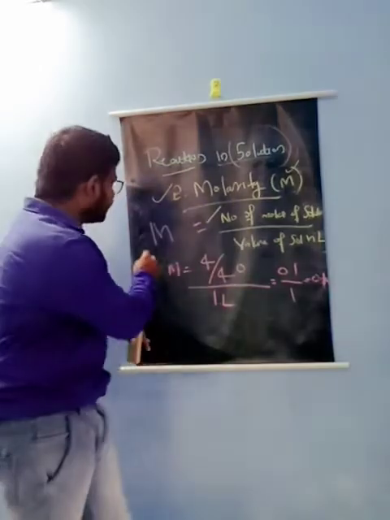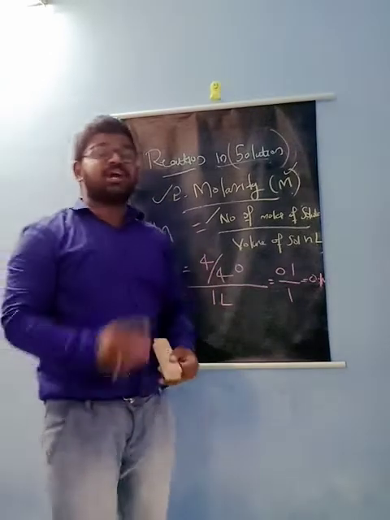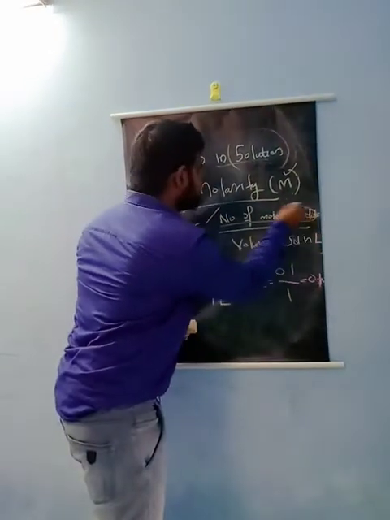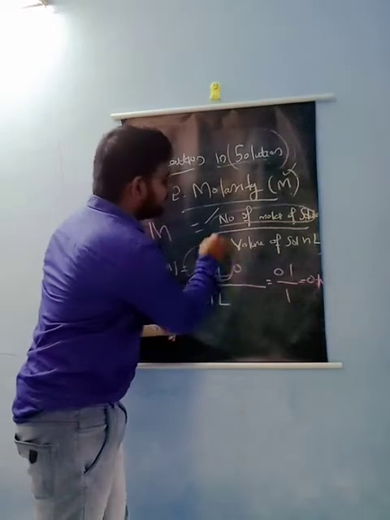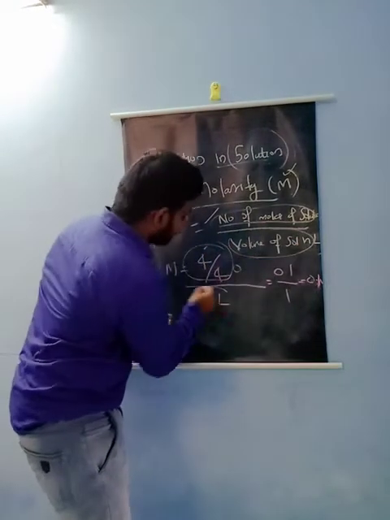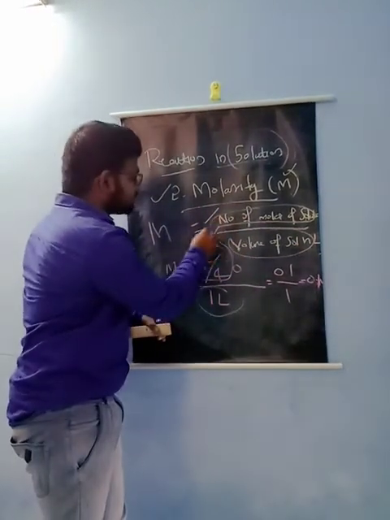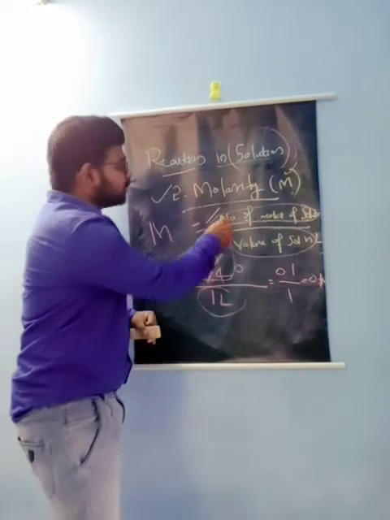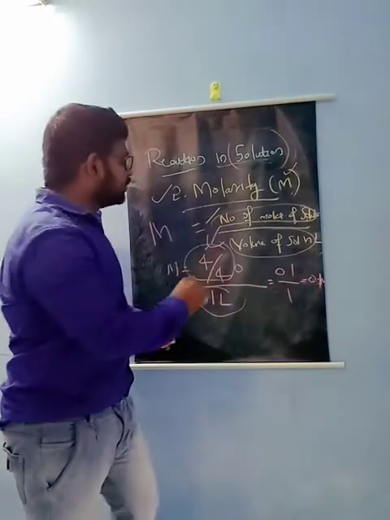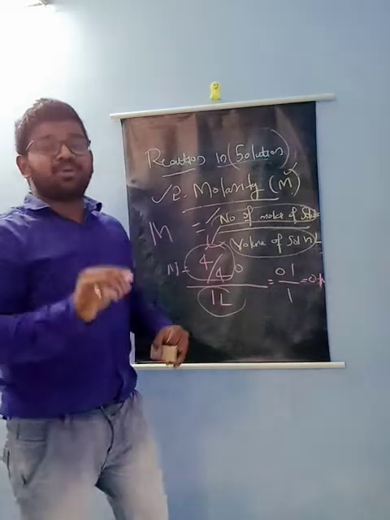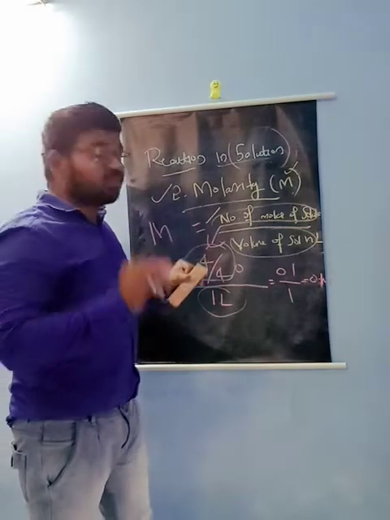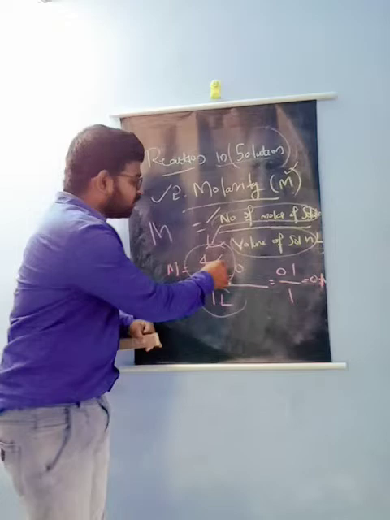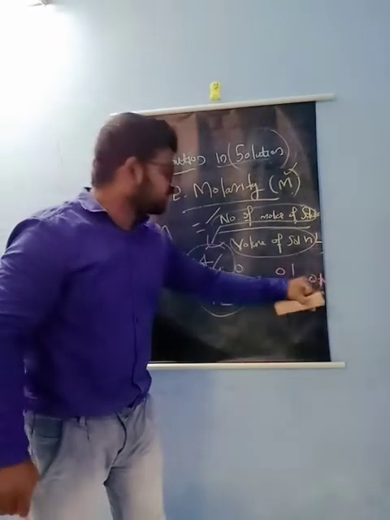Here we have been given 4 gram of sodium hydroxide and the molecular mass is 40, and the volume of solution in liter is equal to 1. How this term is arrived at is clear, I think. The number of moles is calculated by the mass of the given substance divided by molecular mass, 4 by 40, and the concentration is 0.1 normal.